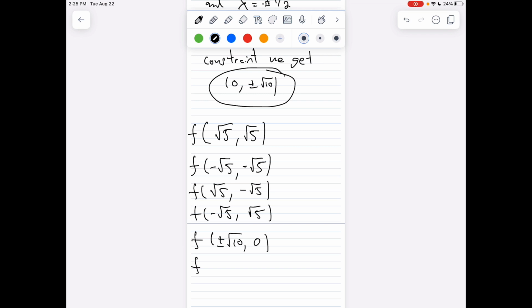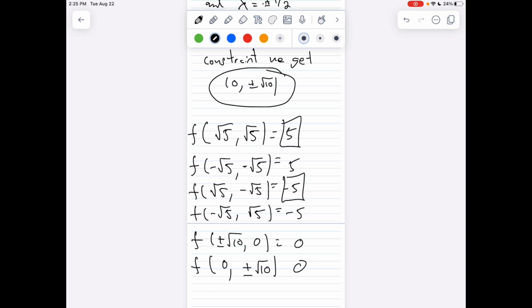So we plug in all these points, the points that we got when we solved those equations, including 0 comma plus or minus root 10. You would get 5 here, minus 5, minus 5, and 0, and 0. So your absolute maximum value would be 5, and the absolute minimum value would be negative 5, occurring at those points. And 0 doesn't really tell you anything. It's just 0, because it's in between minus 5 and 5.